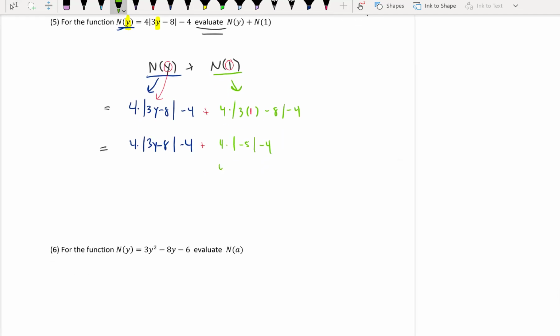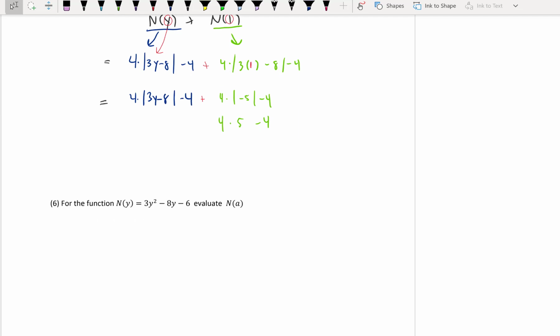And so if I keep working on this, I know that the absolute value of negative 5 is just 5, since distance can't be negative. So now I'm going to have 20 minus 4 is going to give me 16, because 4 times 5 is 20, and 20 minus 4 is 16. And the left-hand side didn't change much. I still have 4 times the absolute value of 3y minus 8, minus 4.